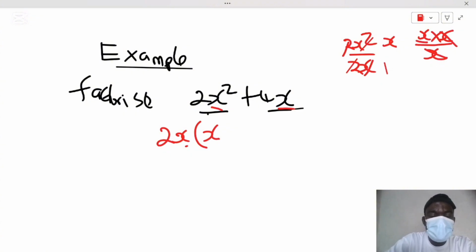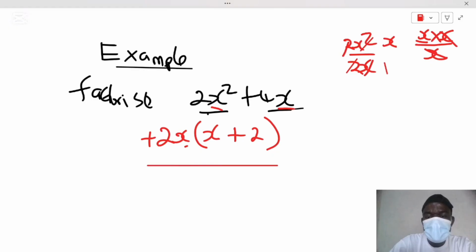So we put x here. Then you divide the signs: positive divided by positive is positive. Then 4x divided by 2x is 2, since x divided by x is 1. In this case, we have now factorized the binomial expression.